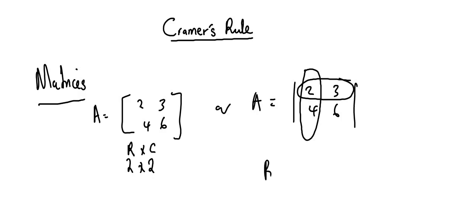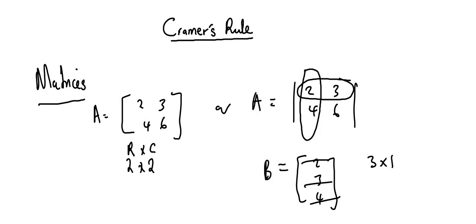If I say B is equal to 2, 3, 4, the number of rows here is 1, 2, 3, so it's a 3 by 1 matrix. We name a matrix starting with the number of rows, followed by the number of columns.